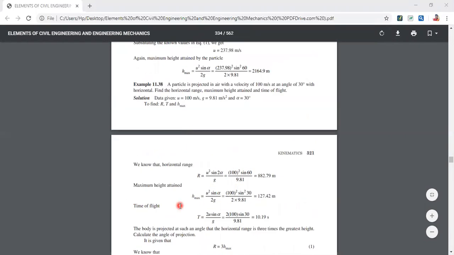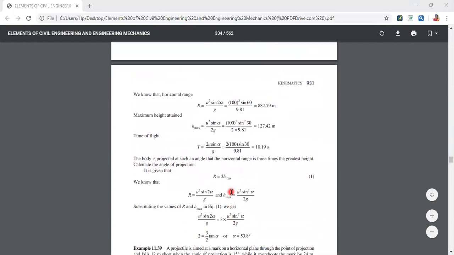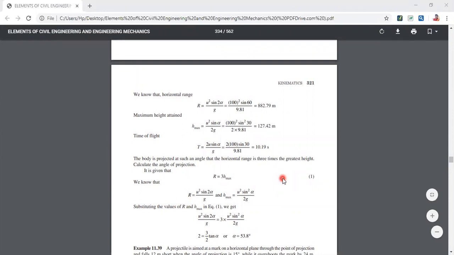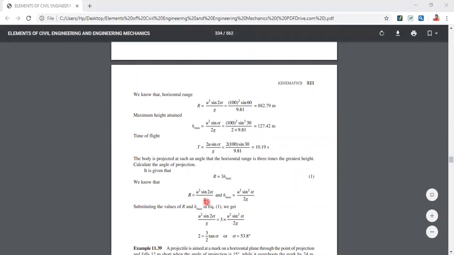This is the next example. This is a different kind of example, which can be asked for 2 marks or as an MCQ, where it is a simple logic application. There is a body which is projected at such an angle that the horizontal range is 3 times the greatest height. Now I have to write this statement in terms of an equation.